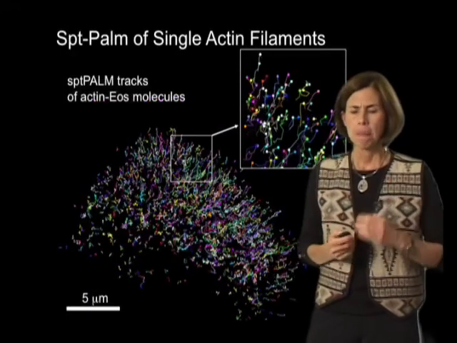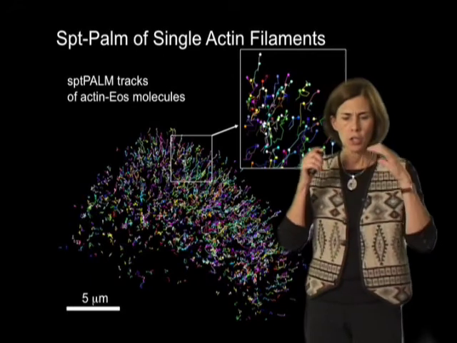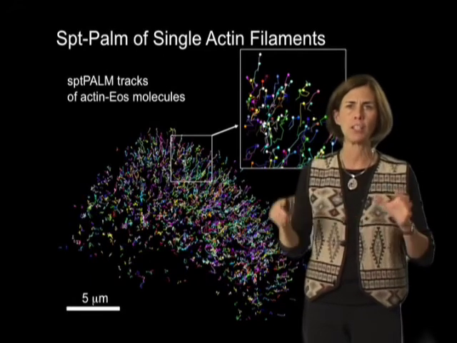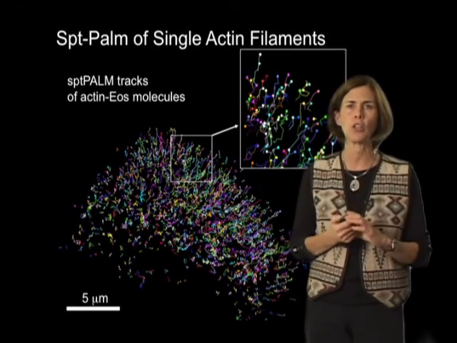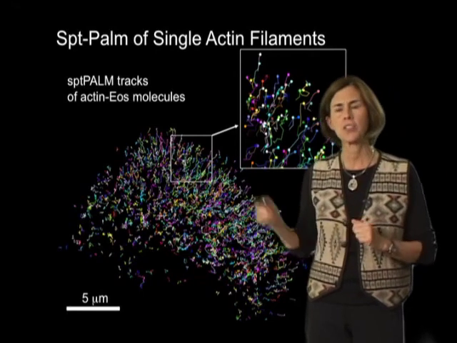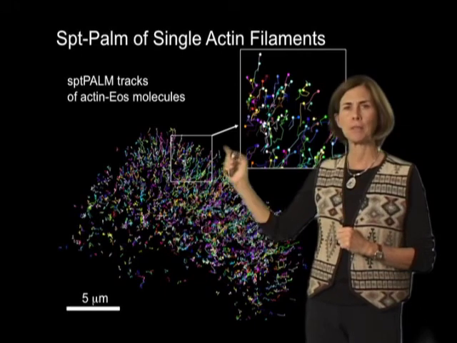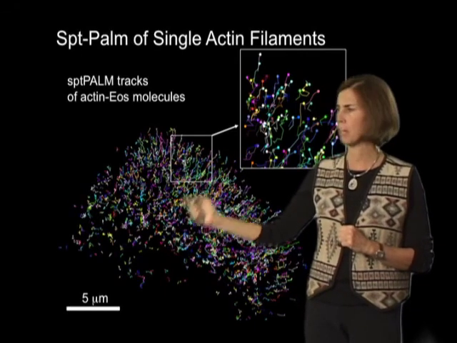Now finally, with the single particle tracking PALM, where you're looking in living cells at the behavior of single molecules, you can go off the cell surface and into the cell to look at the behavior of cytoskeletal components. And here's an example where we've been imaging actin filaments using a photoactivatable fluorescently tagged actin molecule.